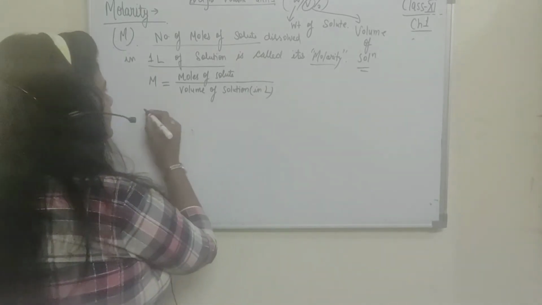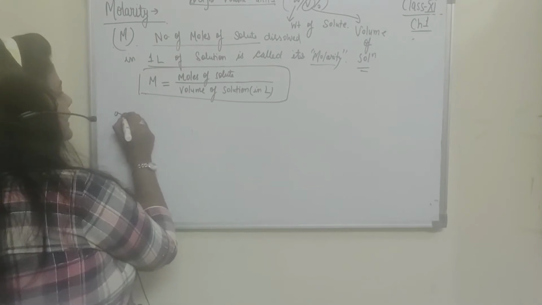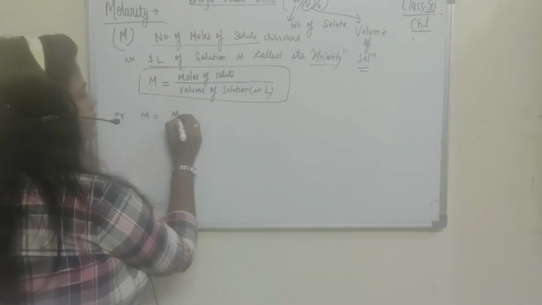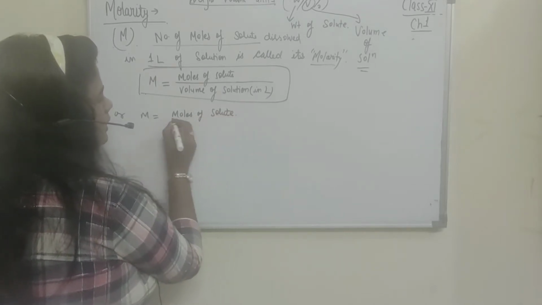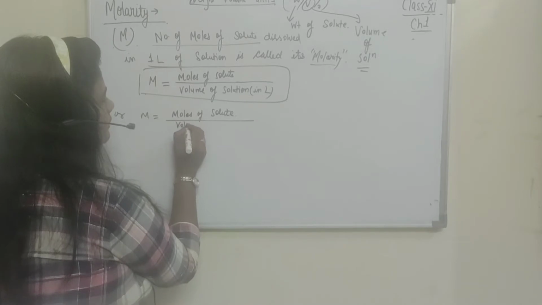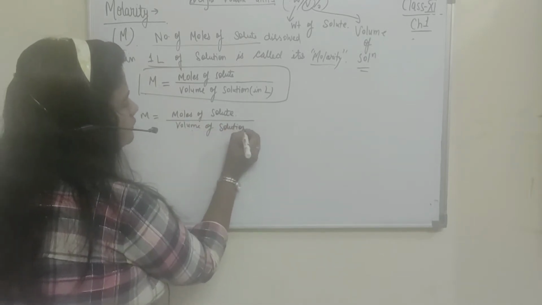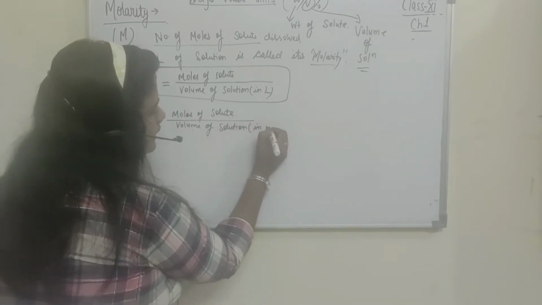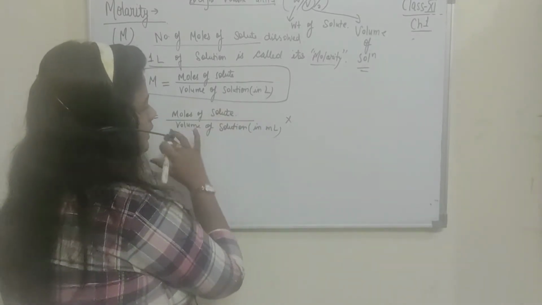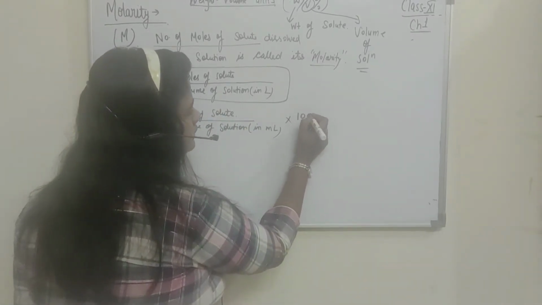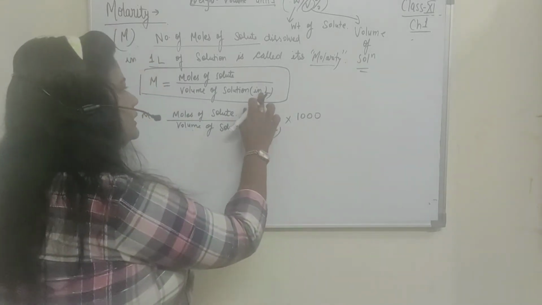Or we can say that capital M equals moles of solute divided by volume of solution. If volume of solution is given in milliliter, then you have to multiply this value by 1000 to change into ml.